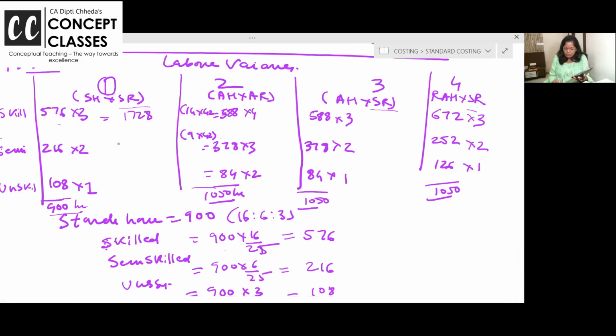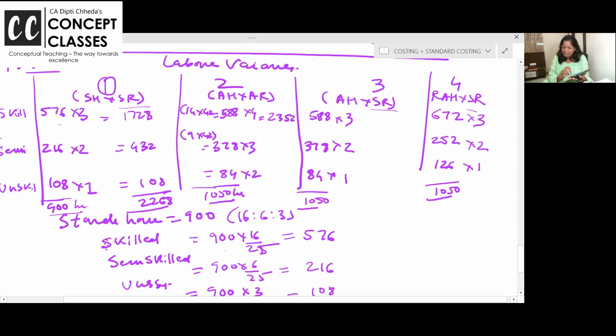216 into 2, 432, M plus. 108 into 1, M plus. Answer is 2268. 2268. Now 588 into 4, 2352.